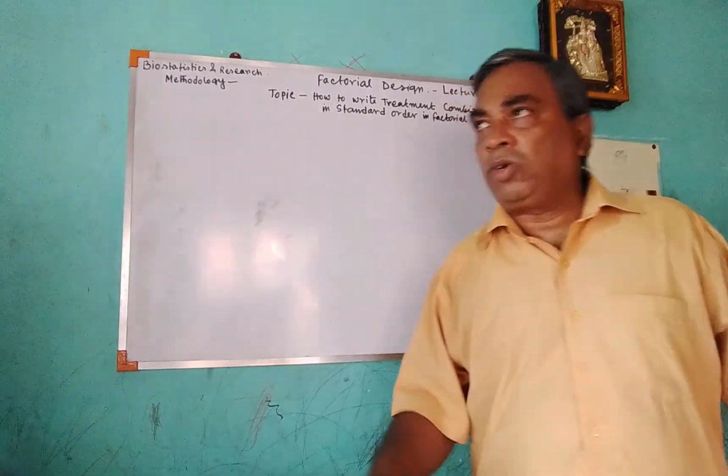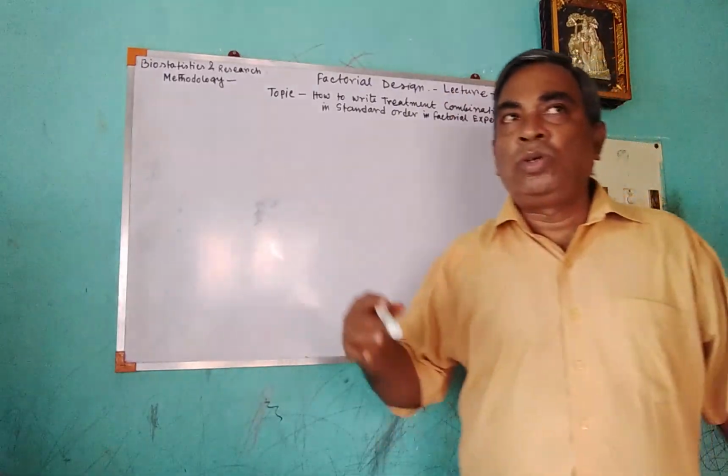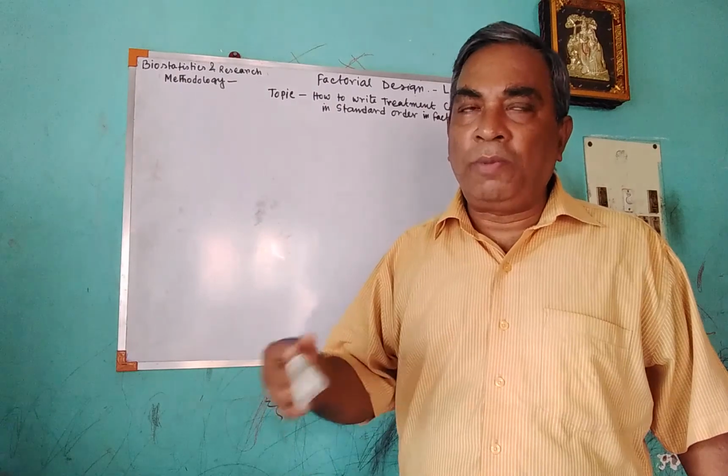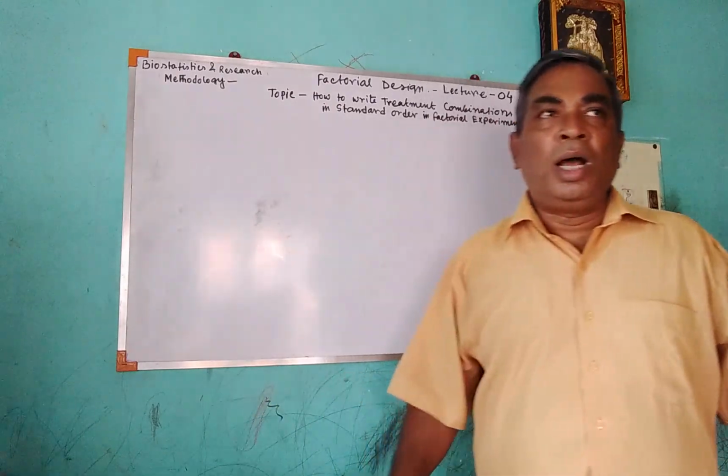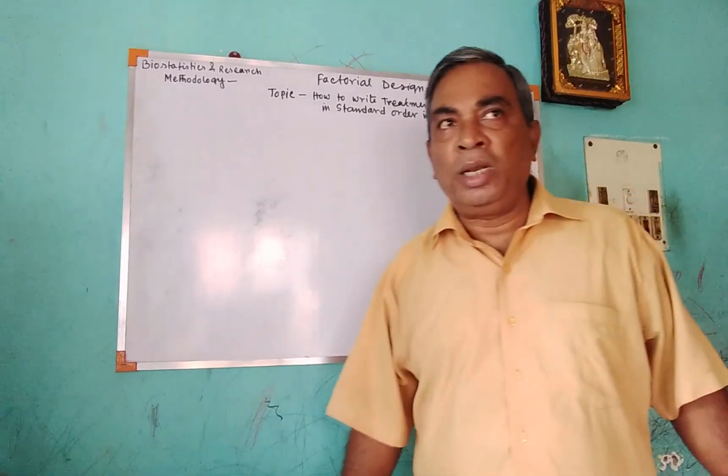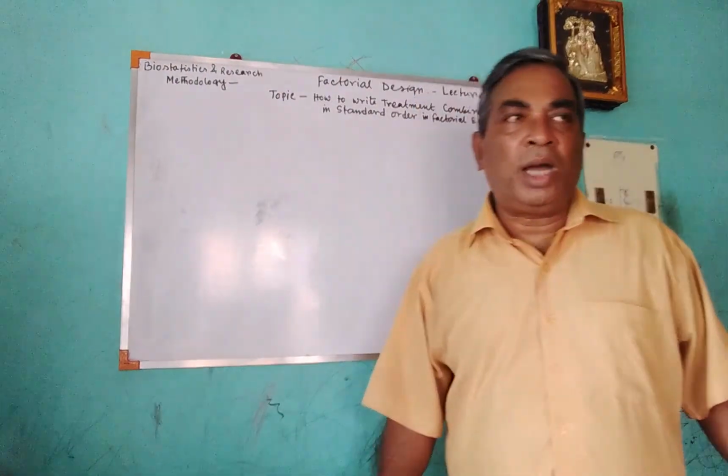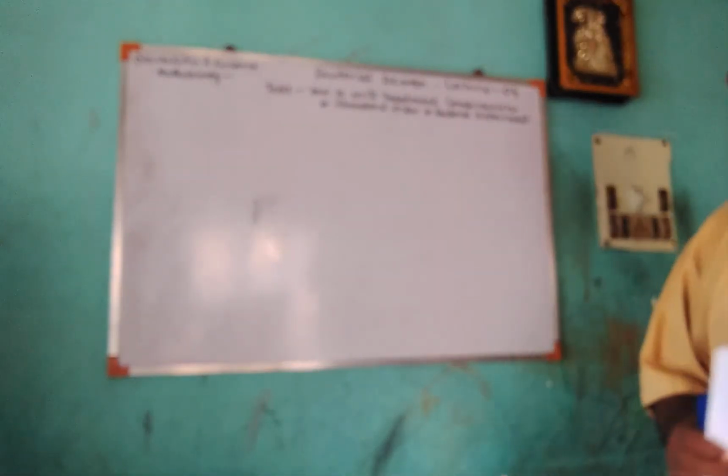Suppose a 2 square factorial experiment, a 2 cube factorial, a 2 to the power 4 factorial design, how to write the treatment combination in standard order. These are the outcomes of this session. So let's start.